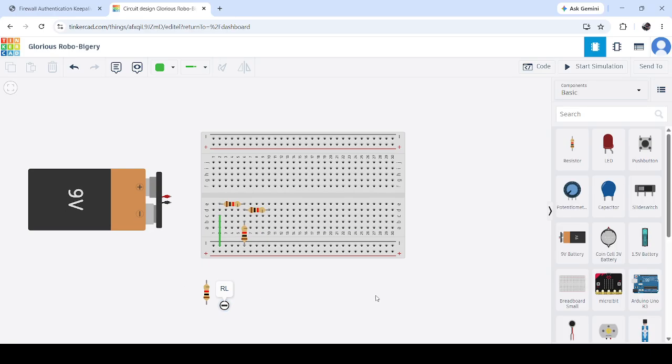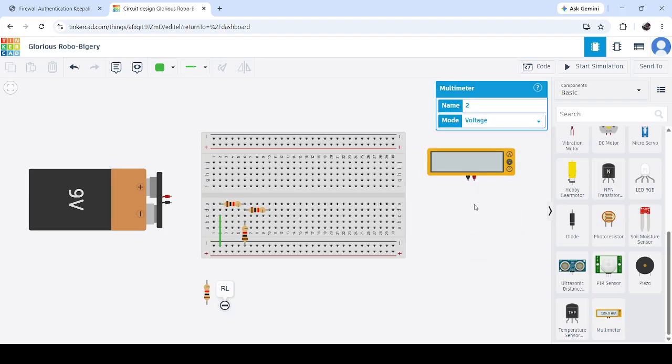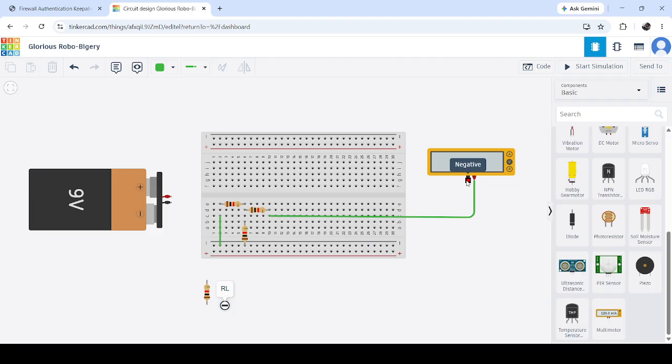Now, to identify Norton's resistance, we will bring in our multimeter and I will connect my first terminal over there and the negative terminal to resistance R2, as it is horizontally shorted.